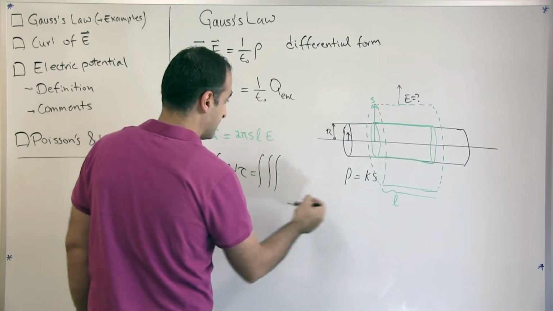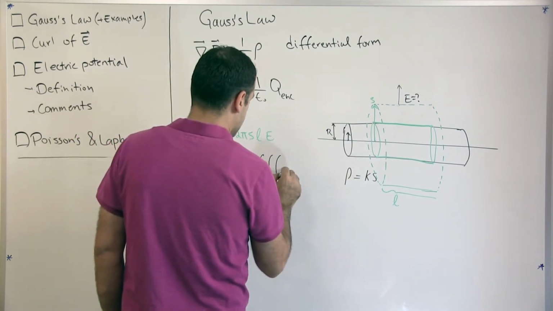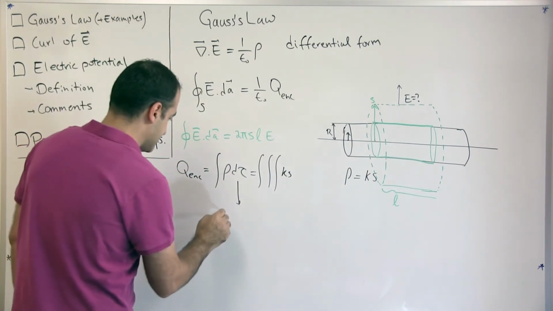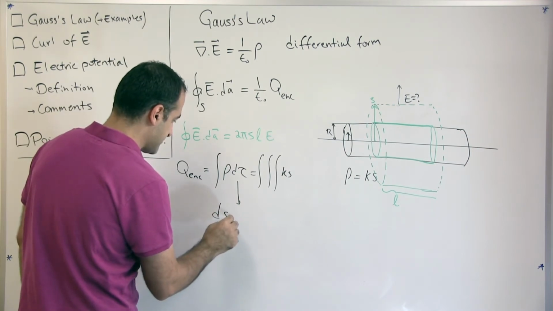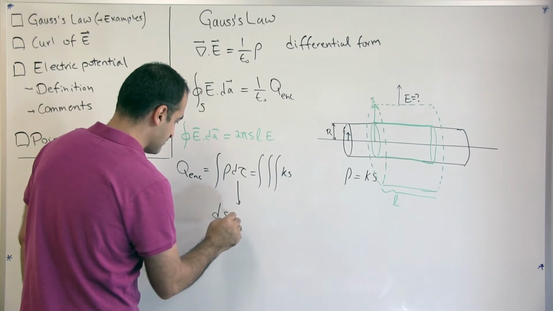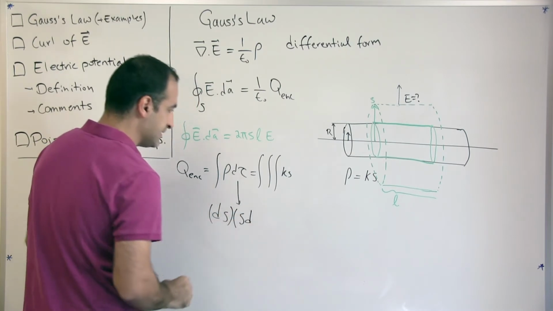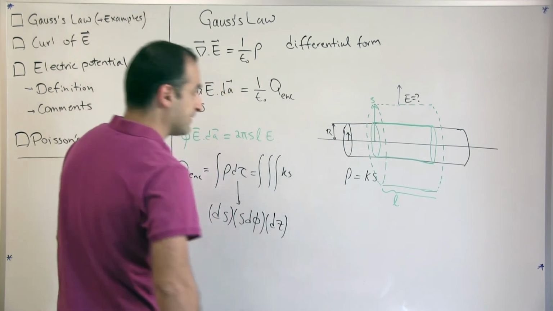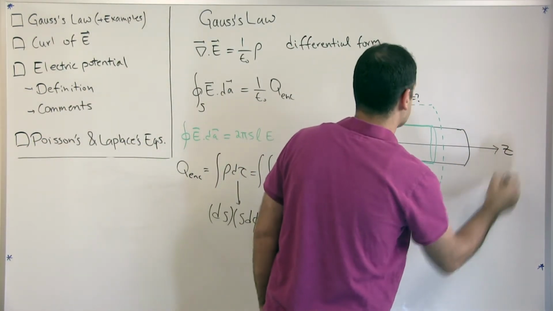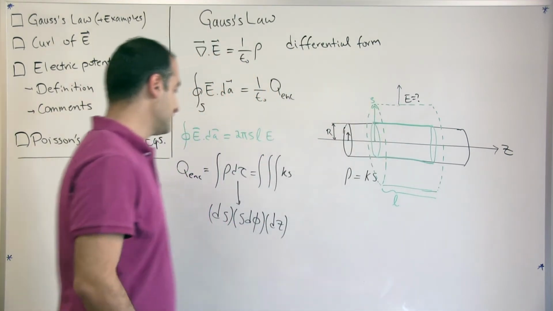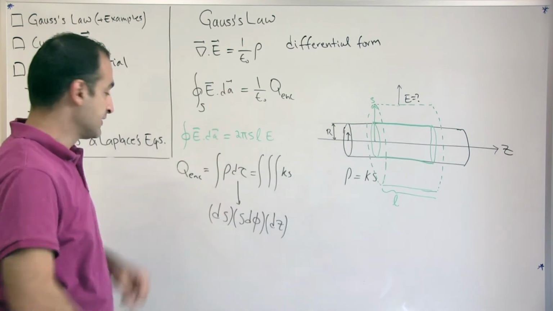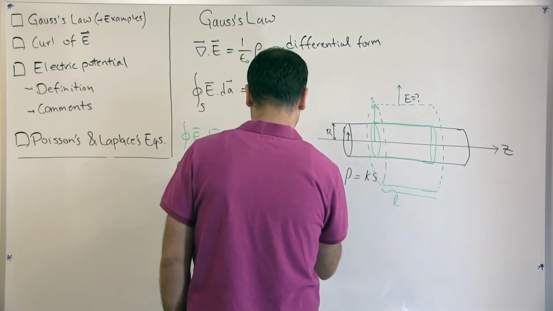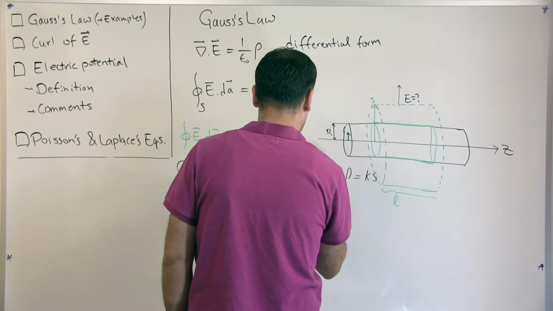K times S is the charge density, and d tau for cylindrical coordinates is ds times S d phi times dz. Here the z-axis is along this side, S is the radial direction, and phi is the azimuthal angle. So it's going to be K S times ds d phi dz.